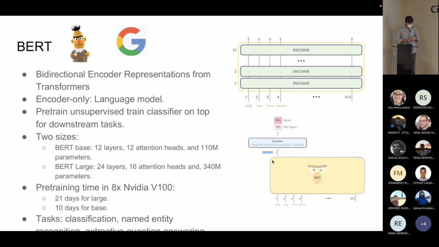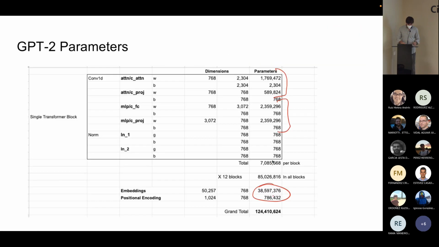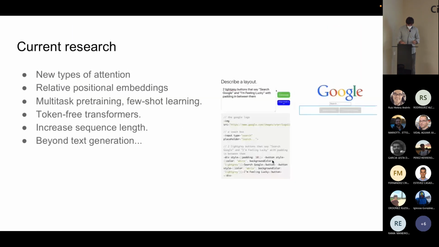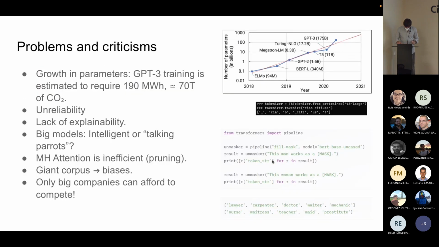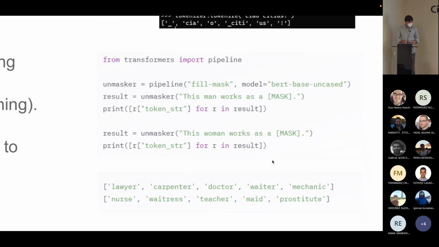This is because BERT is smaller than the other models. But in the slide we can see an example of BERT giving sexist examples of professions. So there is no clear answer.